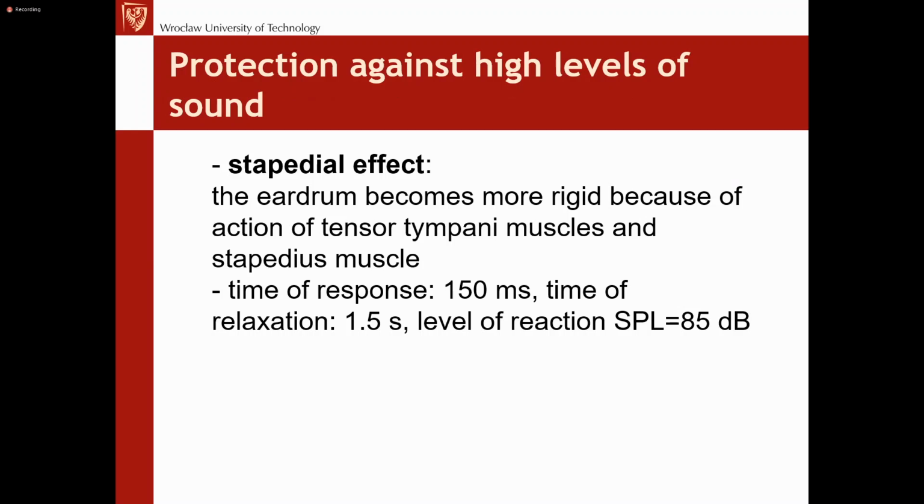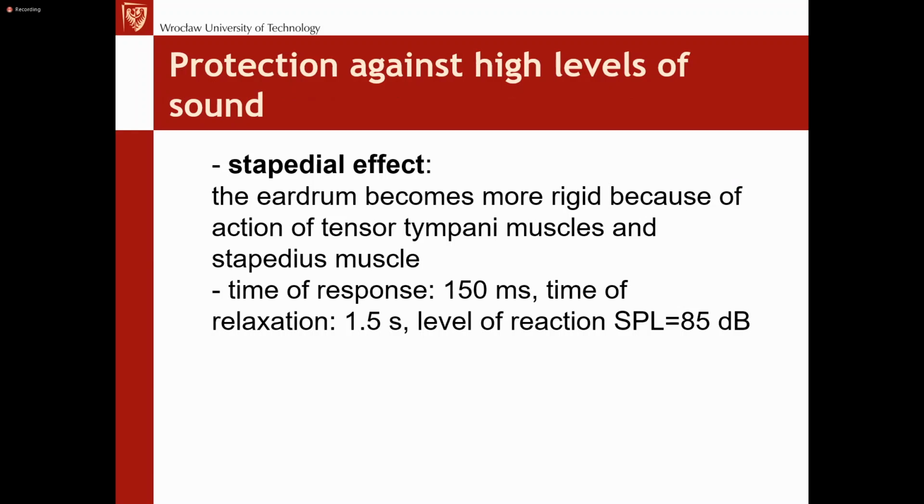It prevents a higher level of vibration going to the inner ear, which may cause permanent damage of some hair cells in this part of the hearing organ.